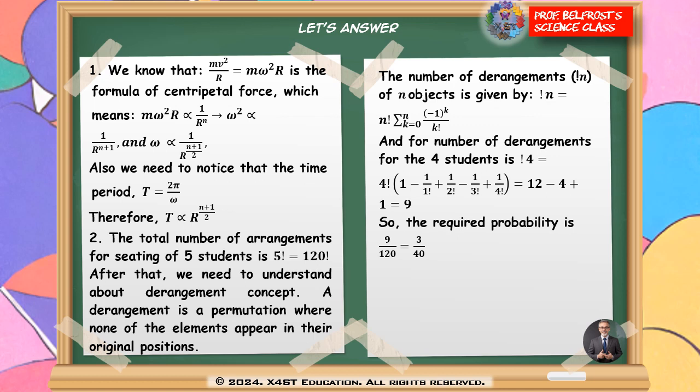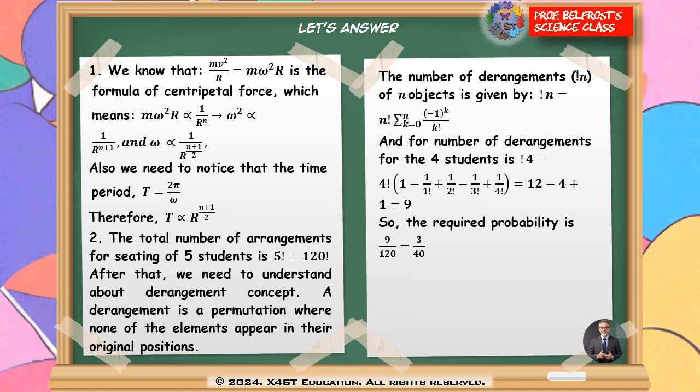And then it's told to you that this force is proportional to the inverse of r raised to a certain power. So we can write it as proportional to 1 over r raised to the power of n. So here omega squared is proportional to, I'm sorry, 1 over r raised to the power of n plus 1.